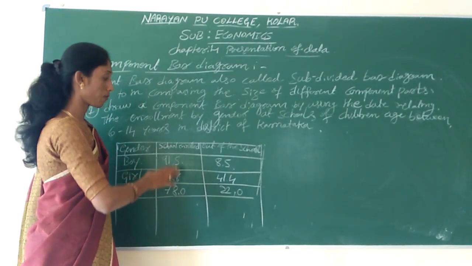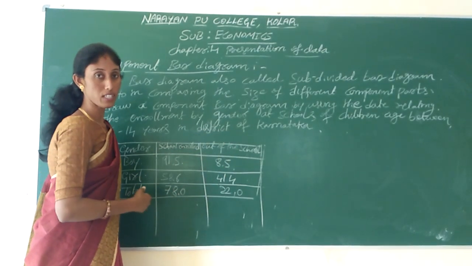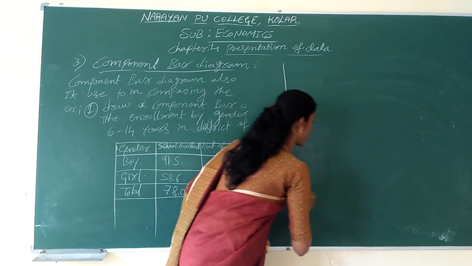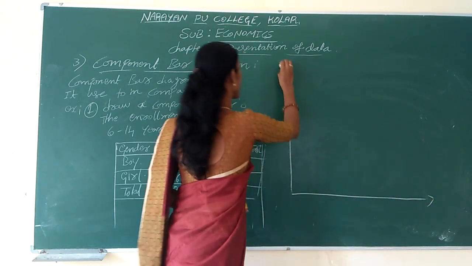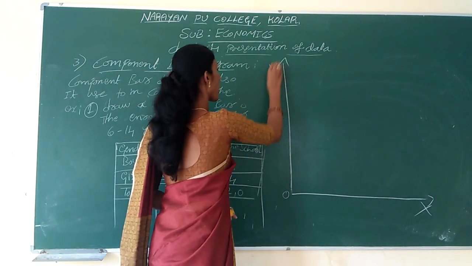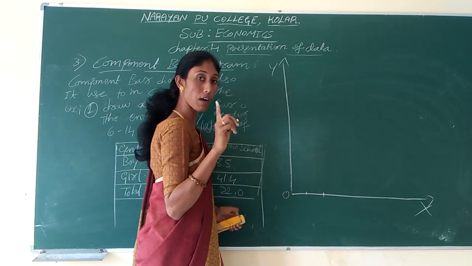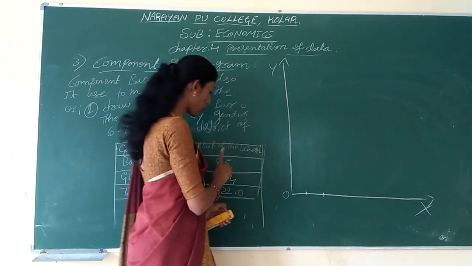Got it? Now by using this data we draw a component bar diagram. X-axis, Y-axis. We take only one bar to represent one variable.